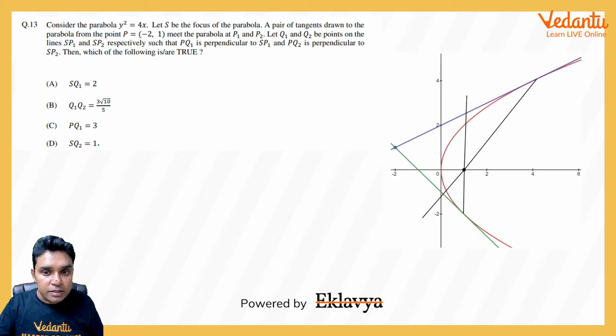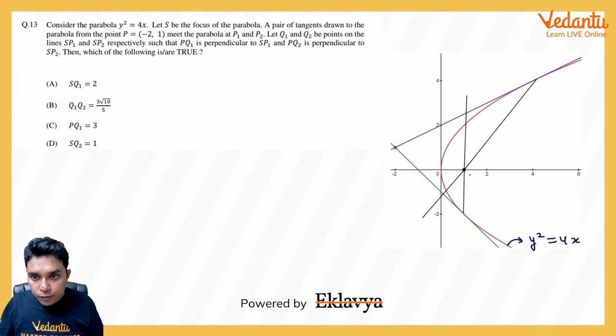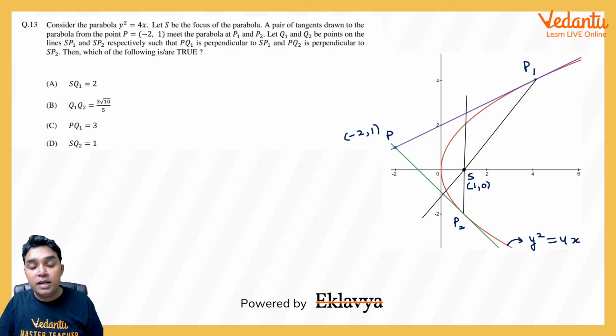Then we have to find which of the following are true. Okay, now let us first make a diagram. So we are given the standard parabola y square is equal to 4x here, and S is the focus, so it will be at (1, 0). Now we are drawing a pair of tangents from the point P whose coordinate is (-2, 1). So one tangent will be this way, which meets the parabola at P1 and P2. Dear all, they have not said P1 to be lying in the first quadrant.